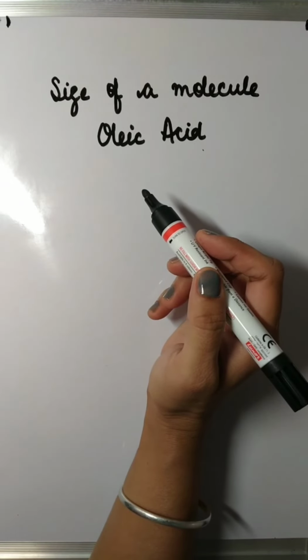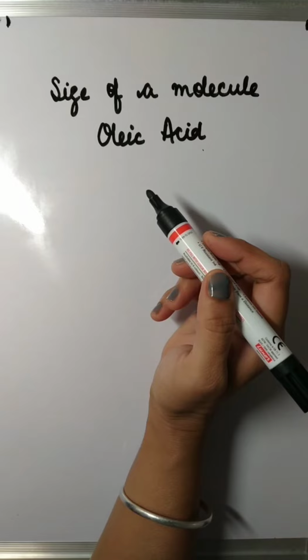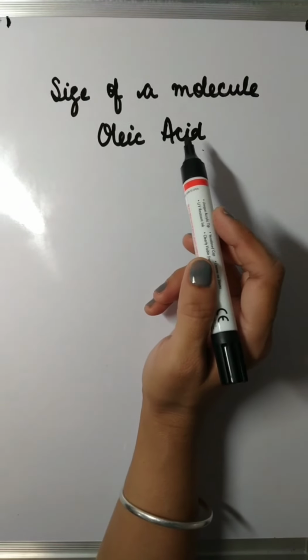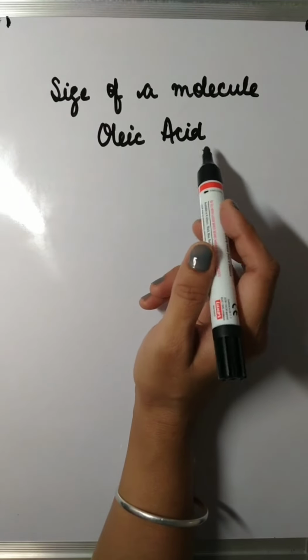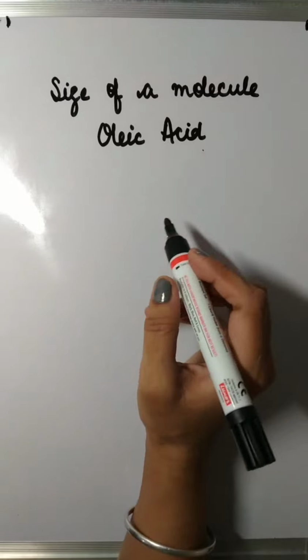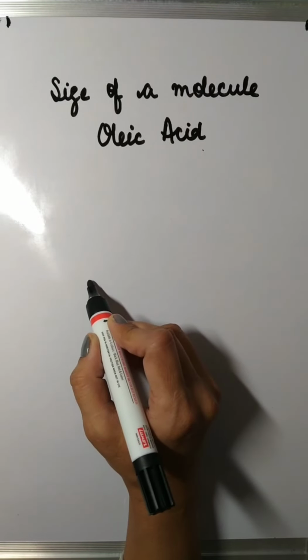To understand the concept, let us assume that we form a very thin layer of oleic acid molecules. To form the thin layer, we will drop it into a solution.